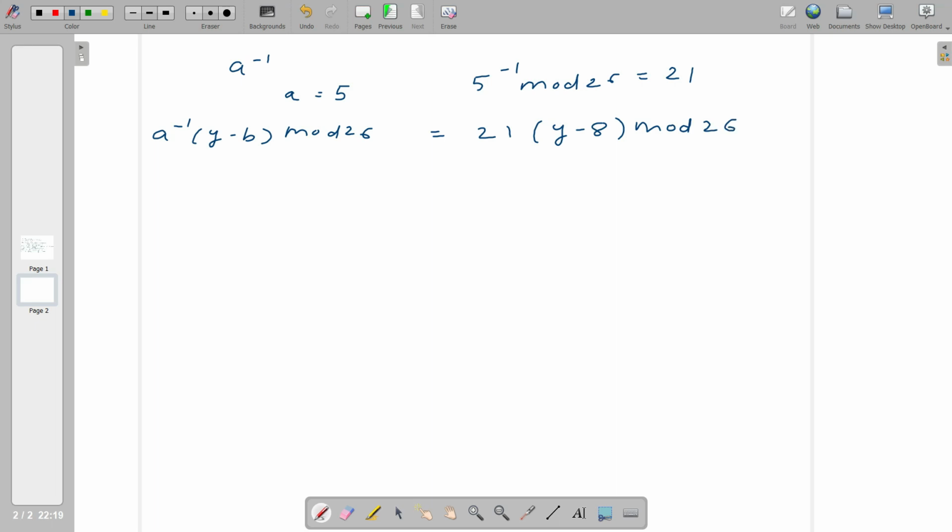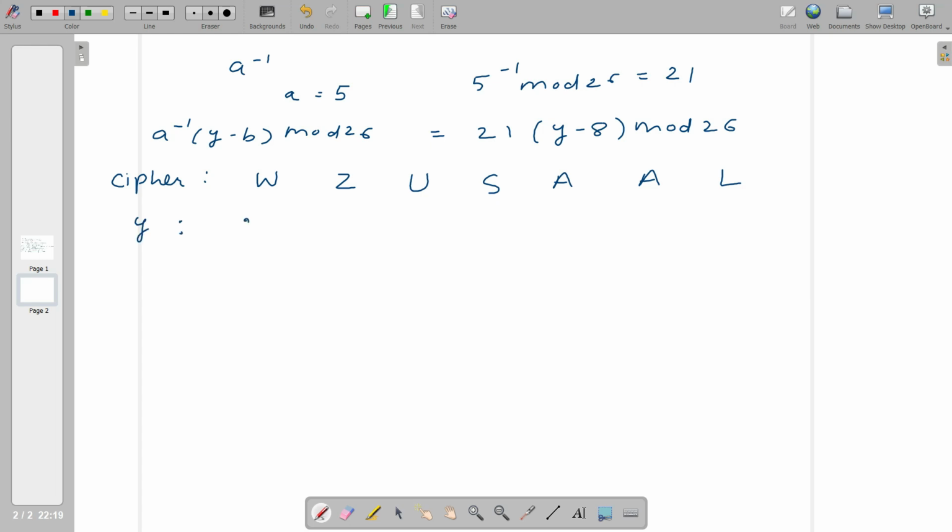So let me decrypt this. For decryption, first we need the ciphertext, which is W, Z, U, S, A and L. And what is going to be Y for this?